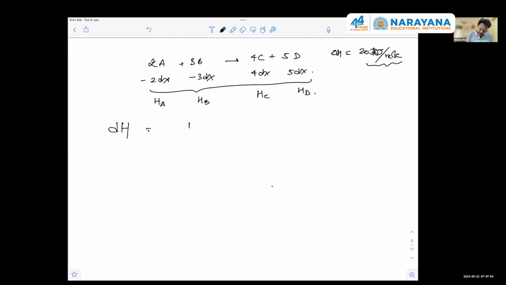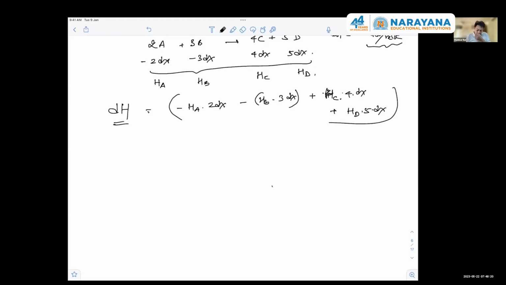HA times 2 times of dx with negative sign, minus HB times 3 times of dx with negative sign, plus HC multiplied by 4 times of dx, plus HD 5 times of dx. That should be the total grand change in enthalpy.